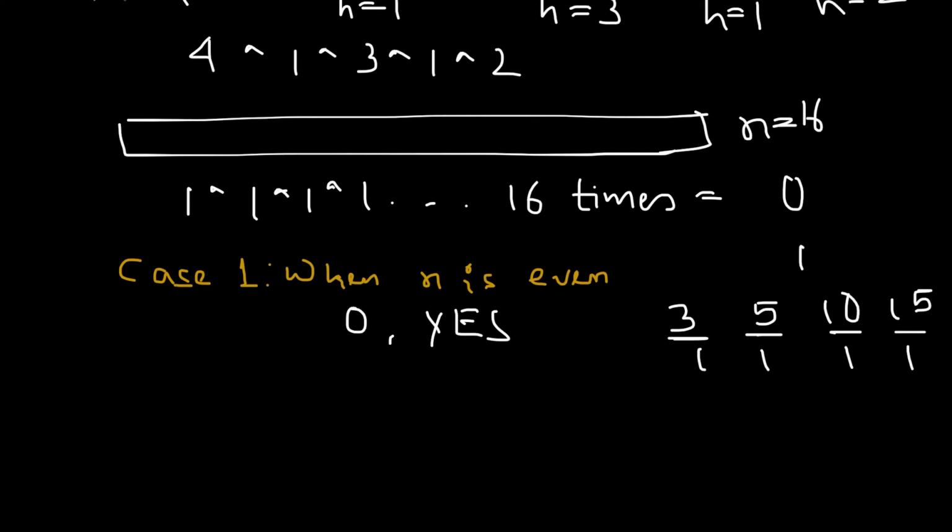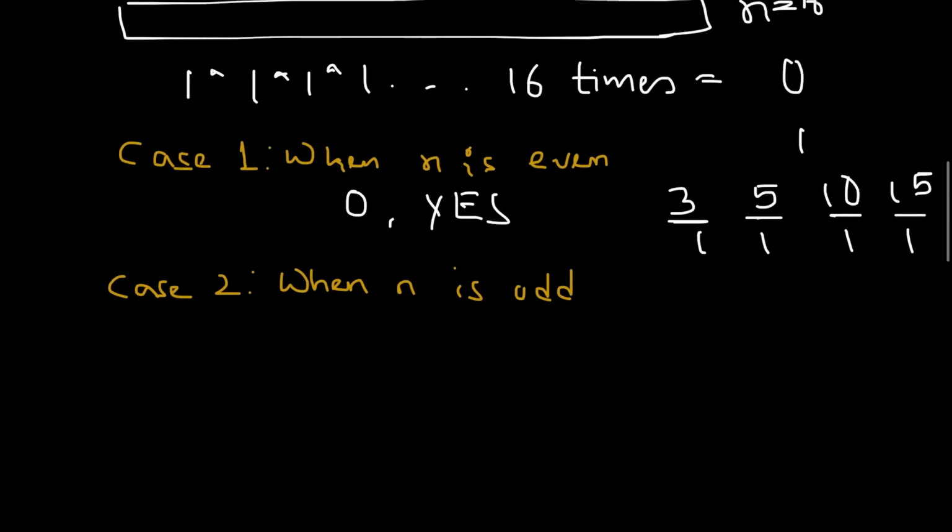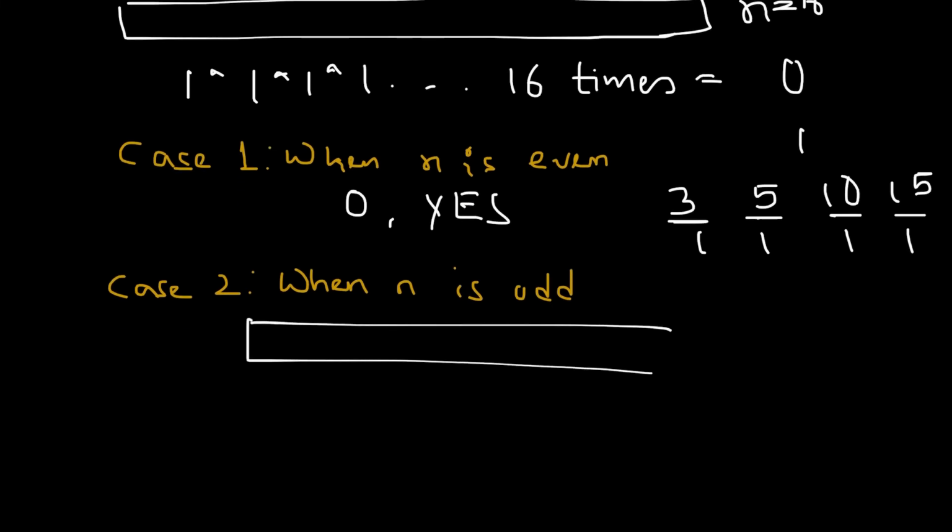Now let's go to the case when n is odd. Case 2, when n is odd. So for this, let's take an array. Let's say this is the array. It has 5 elements.